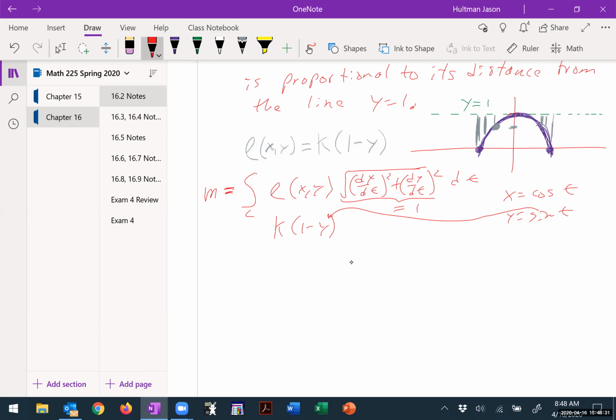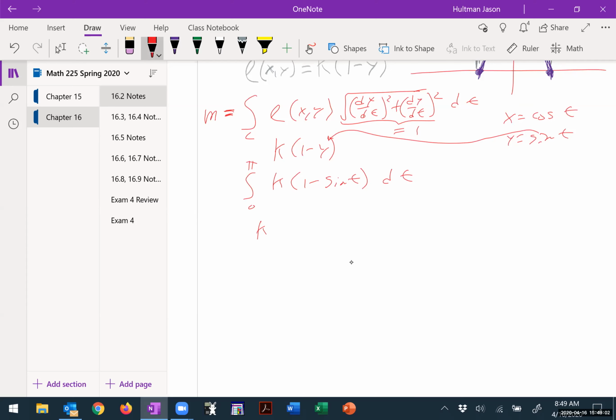So this becomes k times 1 minus sine t times the square root of negative sine quantity squared plus cosine squared. That's going to equal 1 again. And what are we going from? It's from 0 to pi, and that's dt. Makes sense?